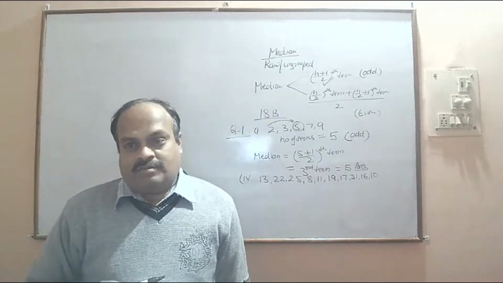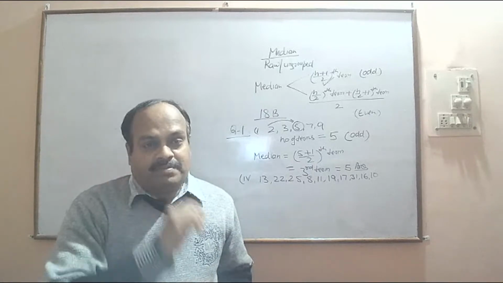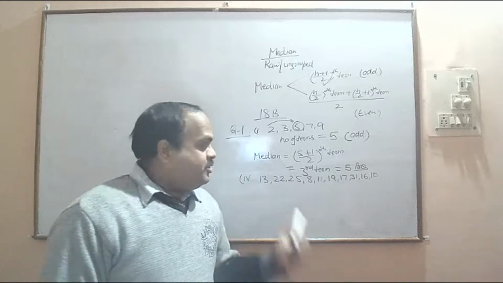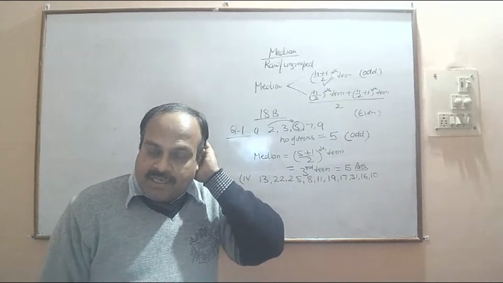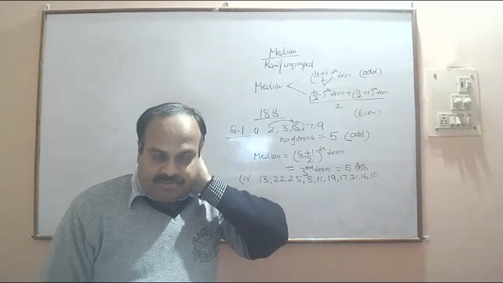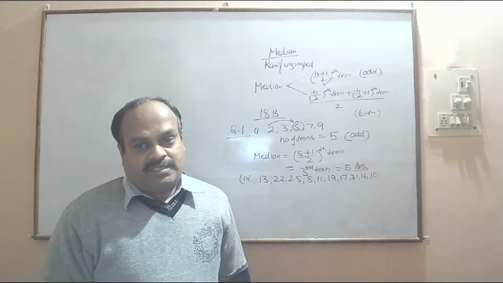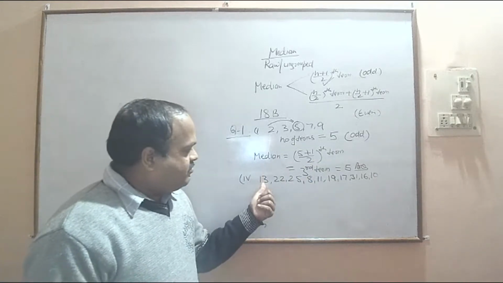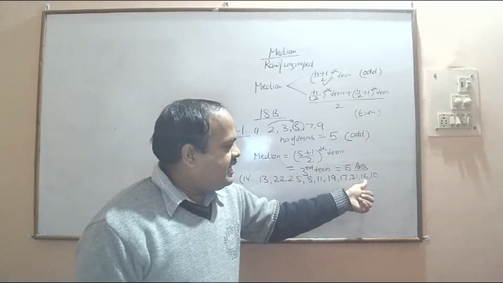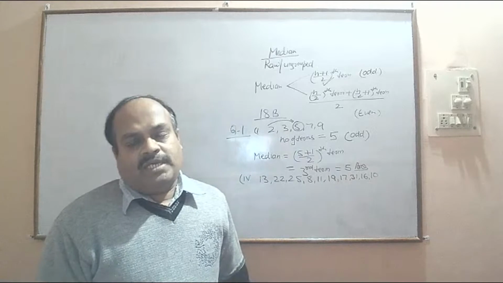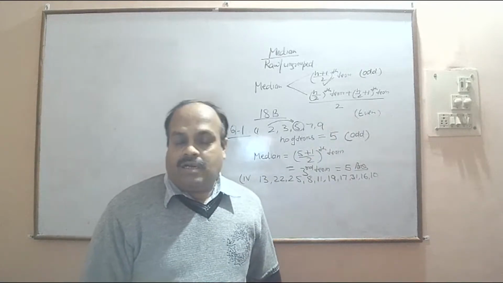Count, but remember, before counting, what I have said is to arrange this data. Before selecting the middle term, you need to arrange these observations. So let me first count: 1, 2, 3, 4, 5, 6, 7, 8, 9, 10. 10 observations we have. So all these 10 must be arranged in ascending or descending order.